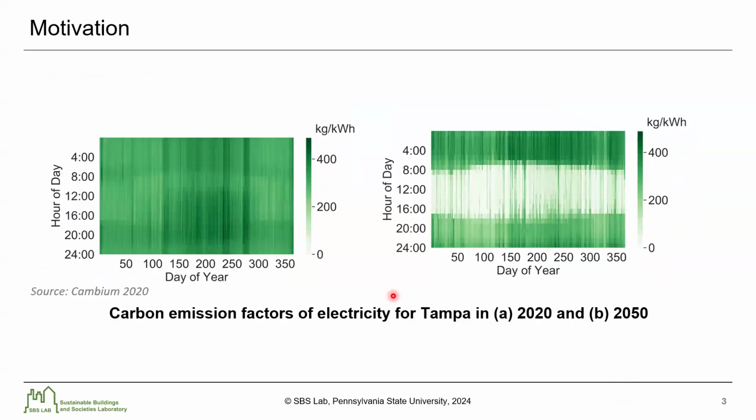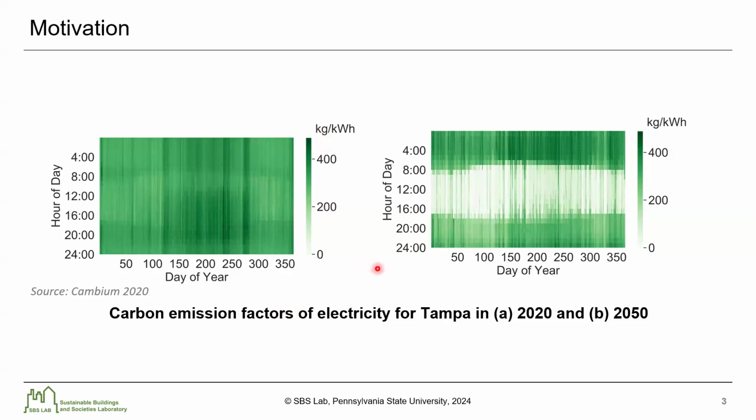These two figures show the carbon emission in different years, using Tampa as an example. The left figure is the carbon emission factor in 2020, and the right figure shows the carbon emission factor in 2050. Deep blue means the emission factor is really high, so if you use one kilowatt hour, it will emit a lot of carbon.